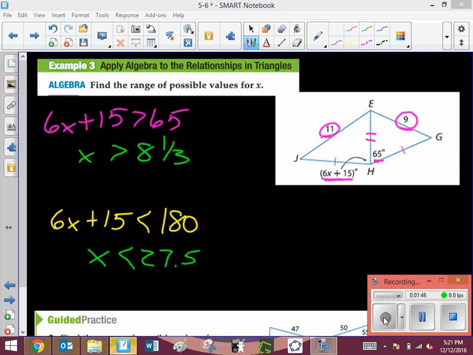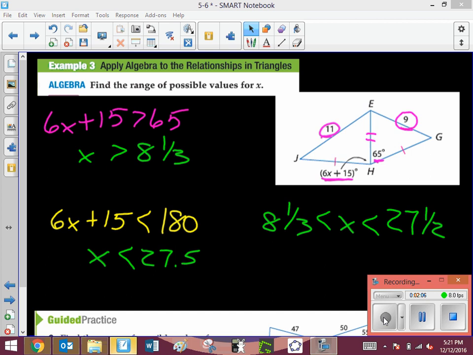In other words, our compound inequality, my smallest value is 8 1/3 less than x, which is less than 27, and I'll stick to the fraction, 27.5. Those are my range of values for my x.